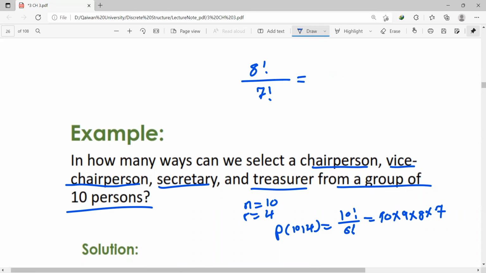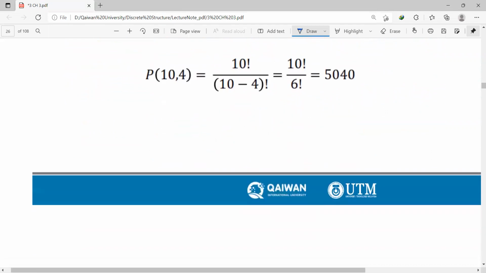So how about if we have 8 factorial over, let's say, 5 factorial equals what? 8, yeah, 8 multiplying by 7 multiplying by 6. That's all. And so on for others. That's for saving time. That's for yourself.